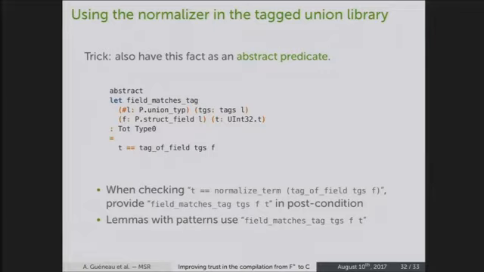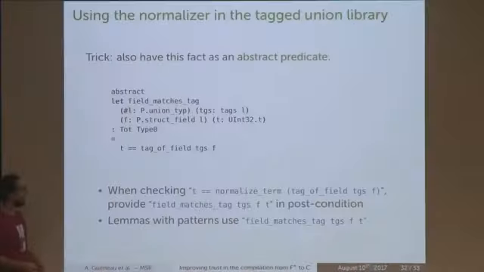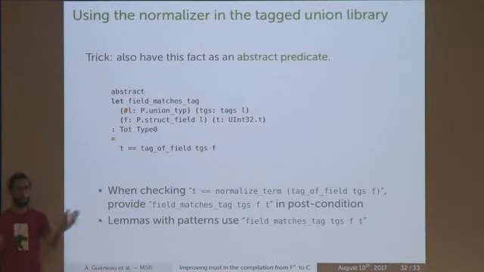It's justified using the same function. And now, for every function that checks at normalization time that a tag matches a field, we also provide in the postconditions that field matches tag using the new abstract predicate. And this puts in the environment the fact that a tag matches a field.